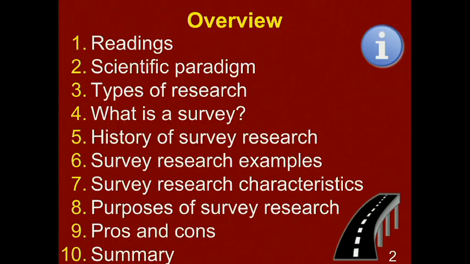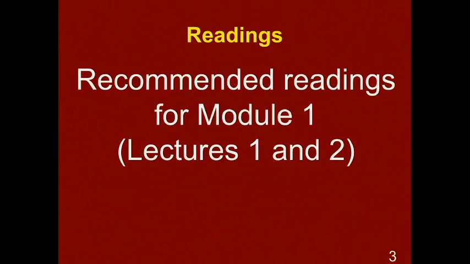Experimental, quasi-experimental and non-experimental. What exactly is a survey? We all sort of think we know what it is, but what is it really? And where have they come from? How long have they been around for? Some examples and characteristics of survey research, and some types and purposes of survey research. Pros and cons, and then we'll wrap up. And next week we get into the nitty-gritty of how you make a survey.